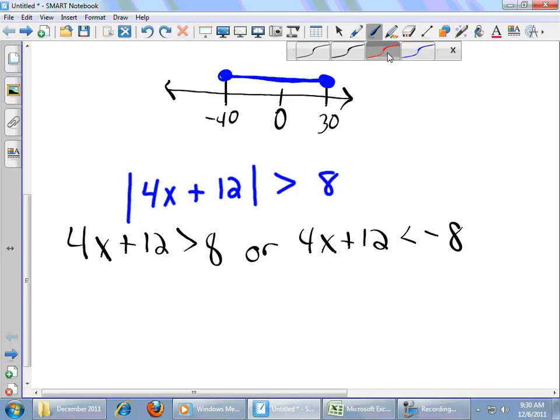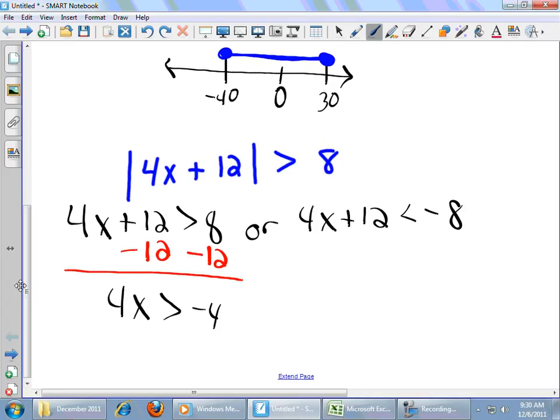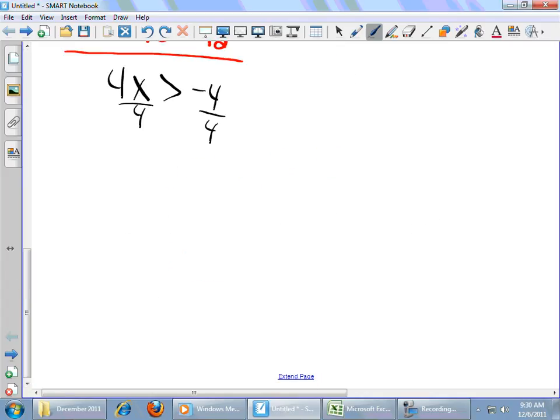Remember, when doing absolute values, you must do both solutions. I will get x alone over here, giving me 4x is greater than negative 4. And then I will divide by 4 to get x is greater than negative 1.